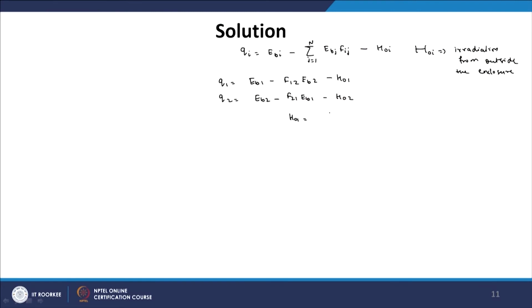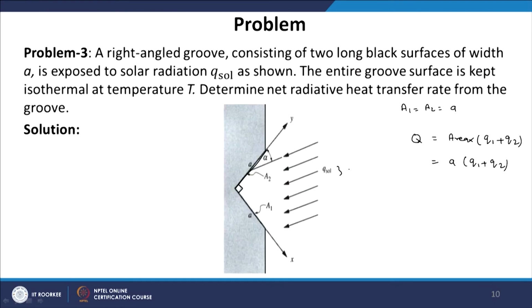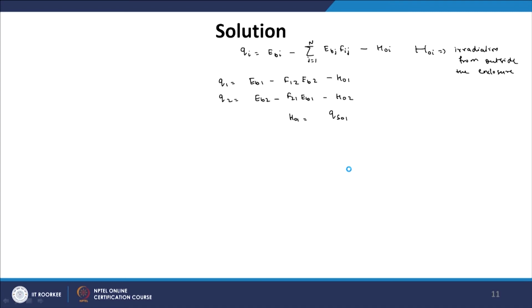So, H naught 1 is equal to Q solar. Q solar is the solar energy coming onto the surface at an angle alpha. So, H naught 1 is Q solar cos alpha and H naught 2 is equal to Q solar sin alpha. So, one plate makes an angle alpha and another surface will make an angle 90 minus alpha.